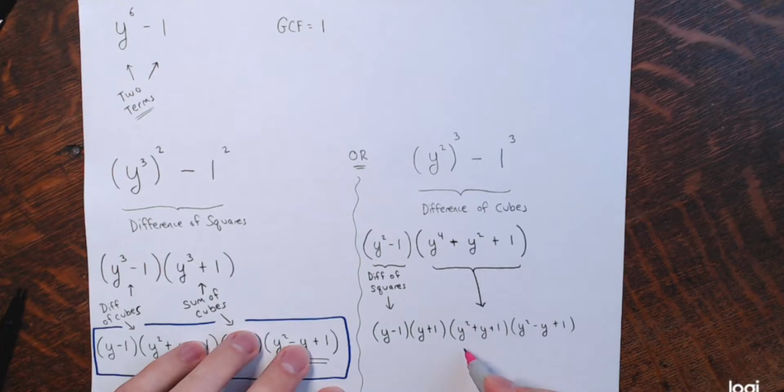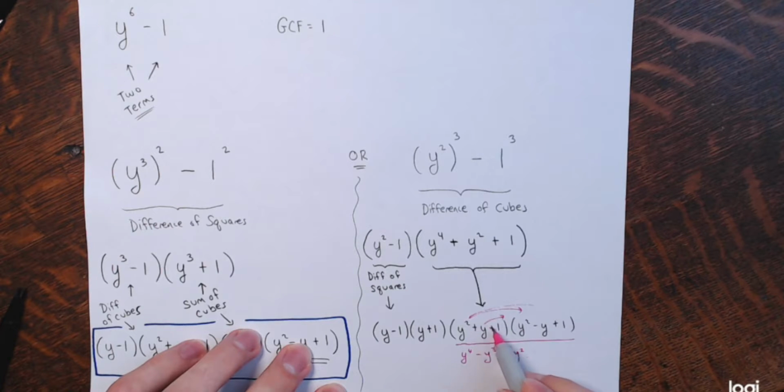If I multiply these 2 together, distribute the y squared, we have y to the 4th minus y cubed, and then plus y squared. Then distribute the y, we have another plus y cubed minus y squared, and then plus y.